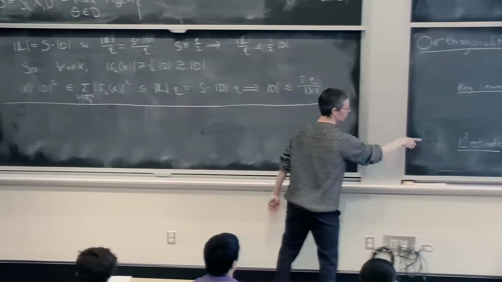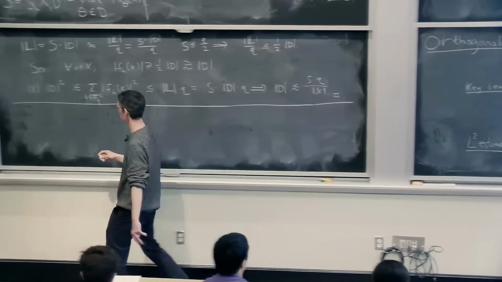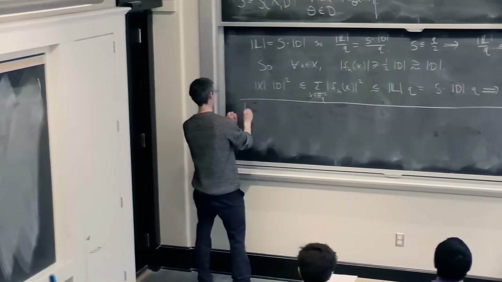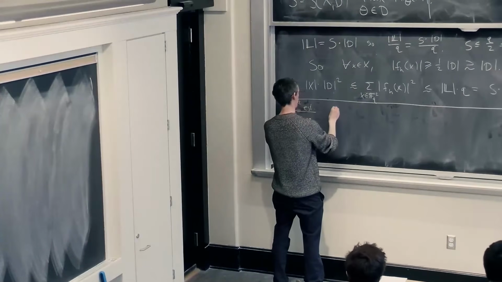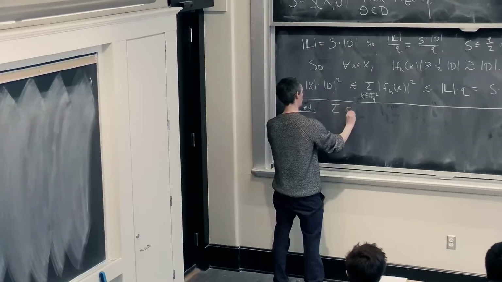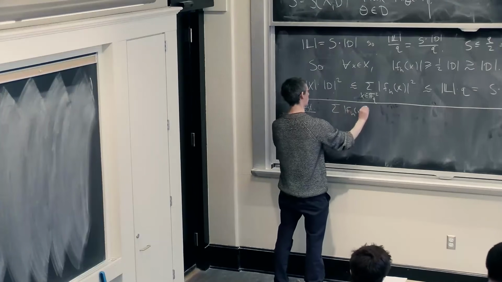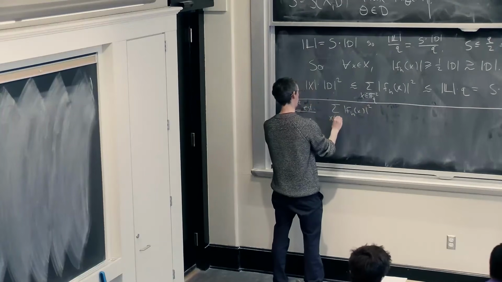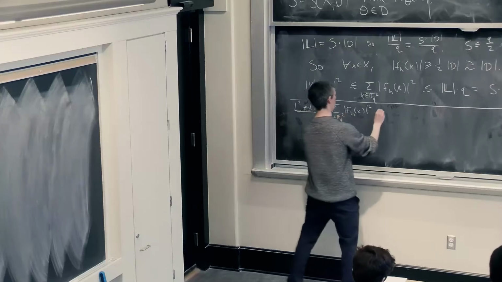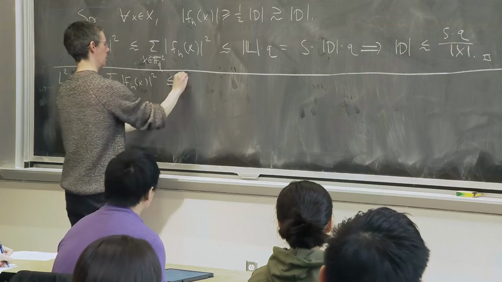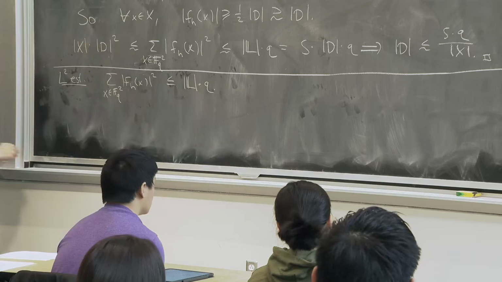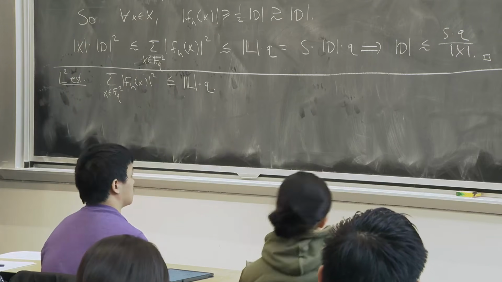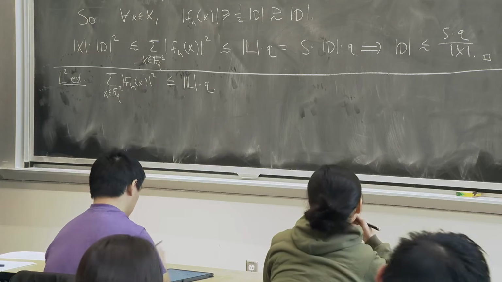So let's look at this L2 estimate. Our L2 estimate was that the sum of fh of x squared, x in the whole plane, was bounded by the number of lines times Q. So I want to think about what this means.